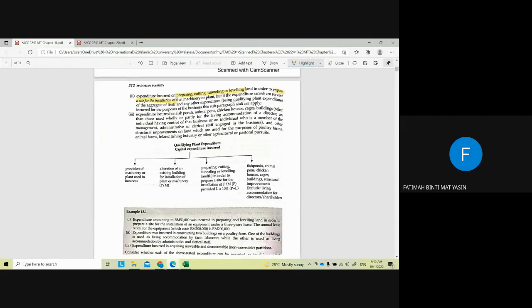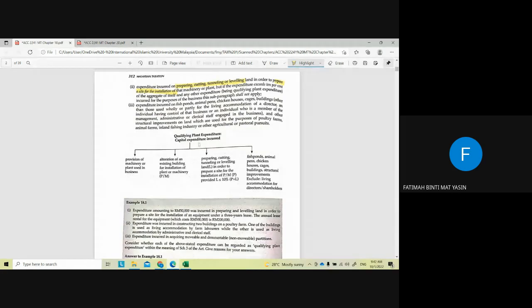Generally, how you determine the qualifying plant expenditure is the cost that you incur to purchase the machine or plant to be used in the business, plus the installation cost, and then also the cost that you incur to prepare the site for the installation. And also this one, if you have an agriculture business.